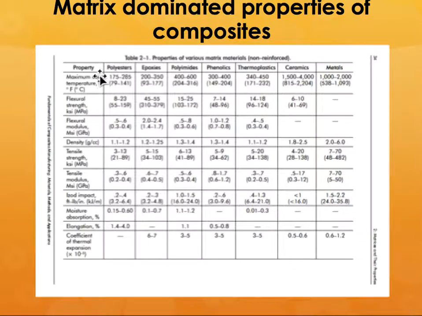On the left hand side, which are the lowest properties, are the polyesters, then you have epoxies, then polyimides, and there could be some polyamides also. Then you have phenolics, then thermoplastics, and then the higher temperature capabilities are from ceramics and metals.